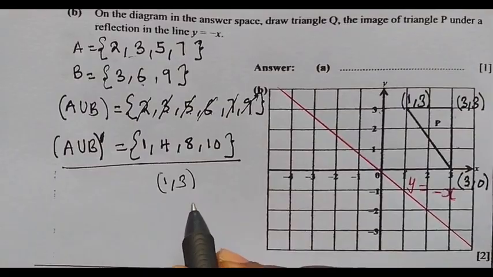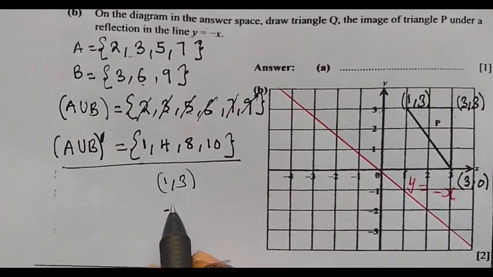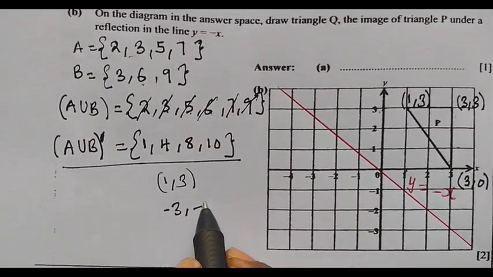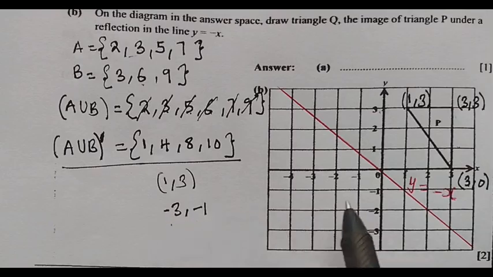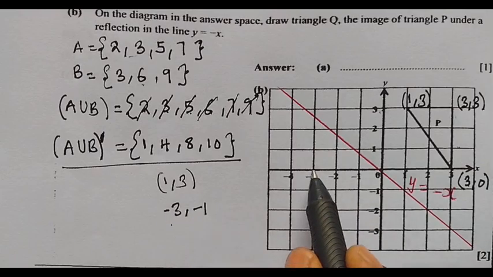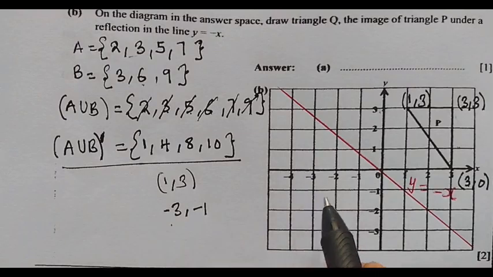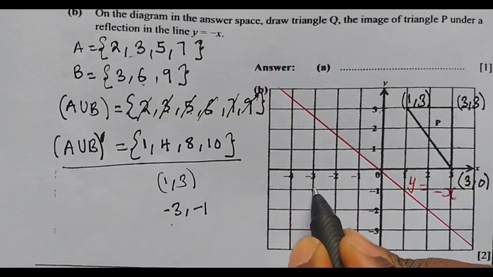what you can do is this: 1, 3 will transform, and it will be negative 3, negative 1. So let's map this. This will be our image. Negative 3 is right here, then negative 1 will be right here. So we are going to have a point right here.